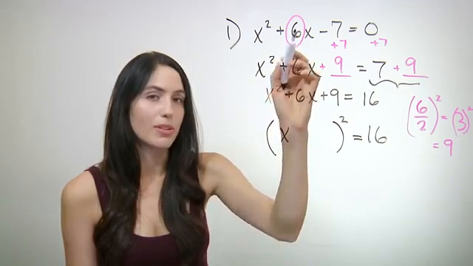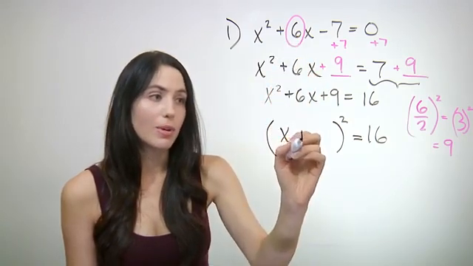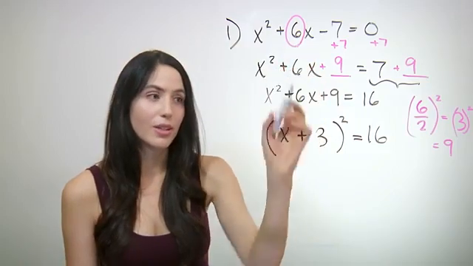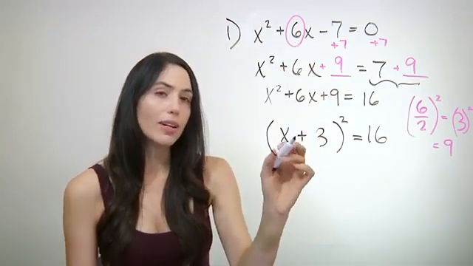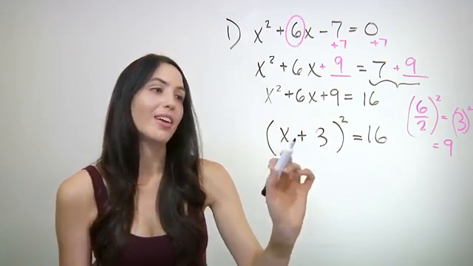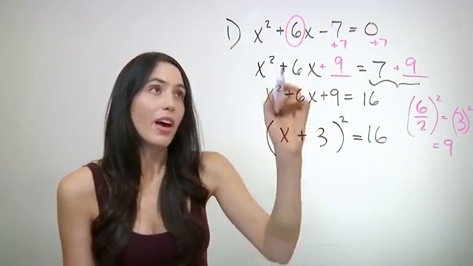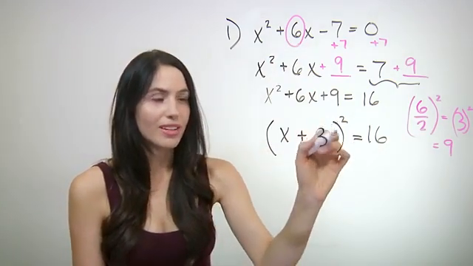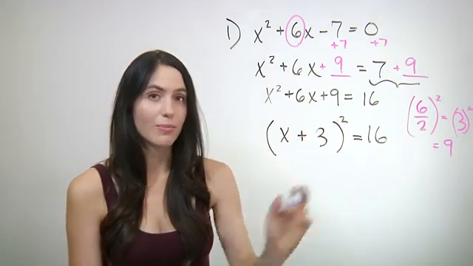So in this problem, it was 6 over 2, positive 3. If this were negative 6, you would put negative 3. So always in the perfect square side, use half of what the middle coefficient was. So now we have x plus 3 squared equals 16.